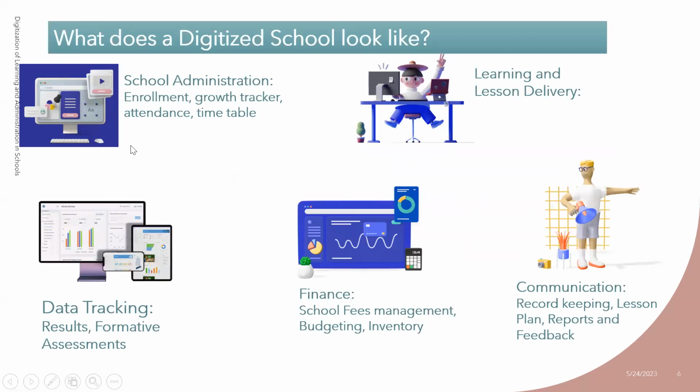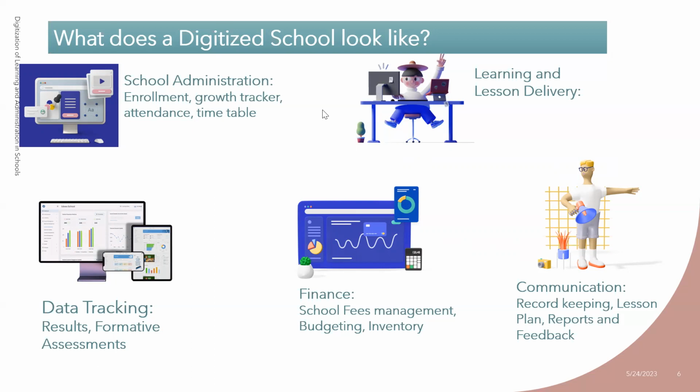Now, what should a digitized school typically look like? The first thing is school administration. We all know about enrollment, tracking the number of enrollments, attendance, and timetable. So a digitized school should use tools that can help automate processes like this, okay?